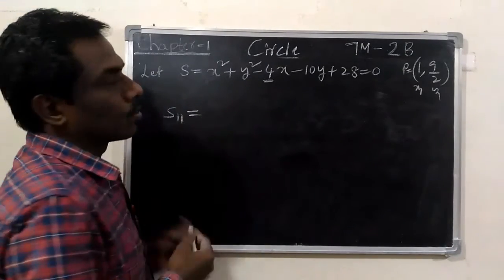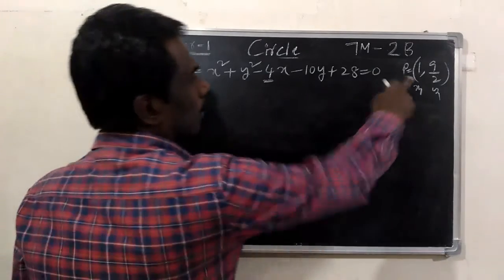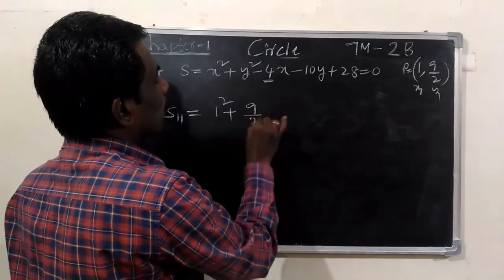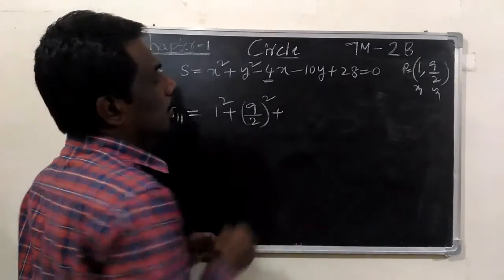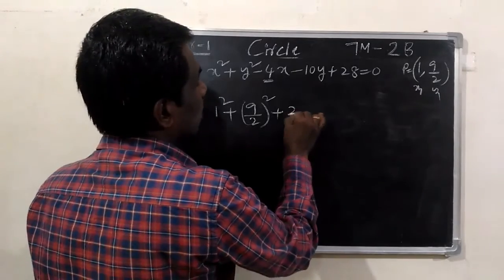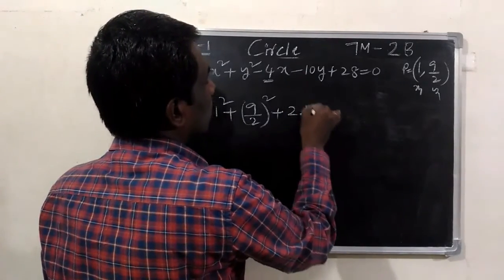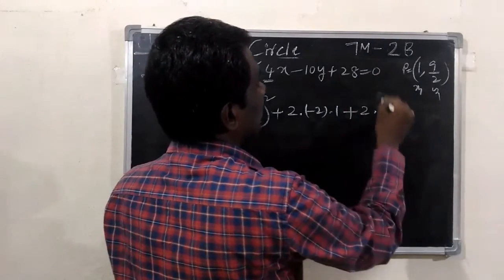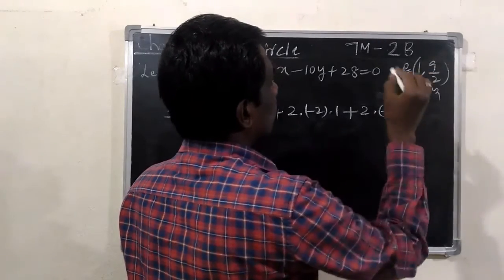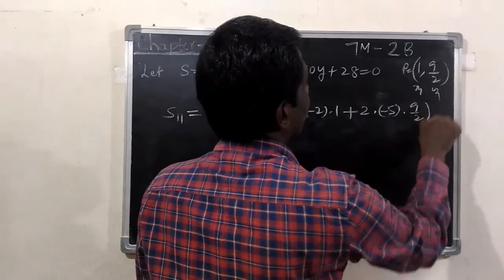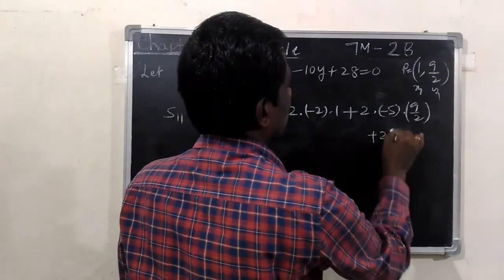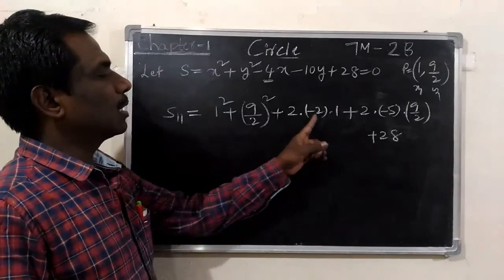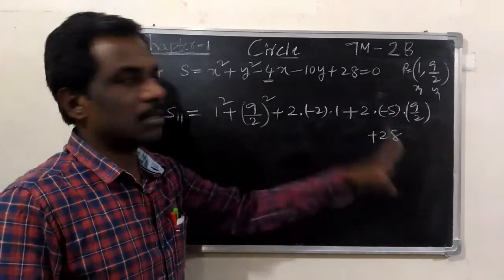S11 is equal to, the formula is x1 square, which is 1 square, plus y1 square, which is (9 by 2) whole square, plus 2g x1, 2 into g is minus 2, x1 is 1, plus 2f y1, f is minus 5, y1 is 9 by 2, plus c. That is x1 square plus y1 square plus 2g x1 plus 2f y1 plus c.